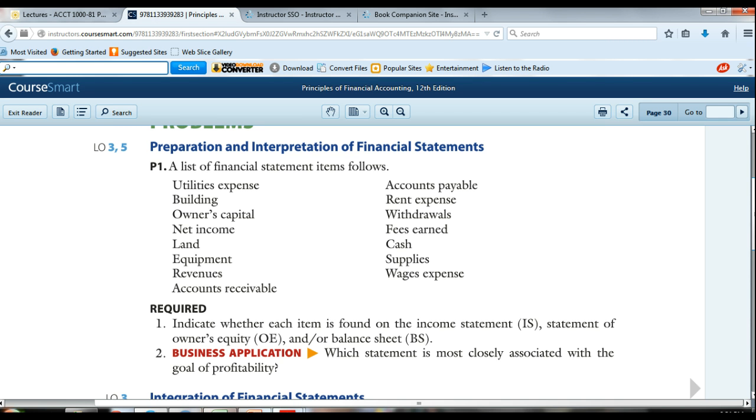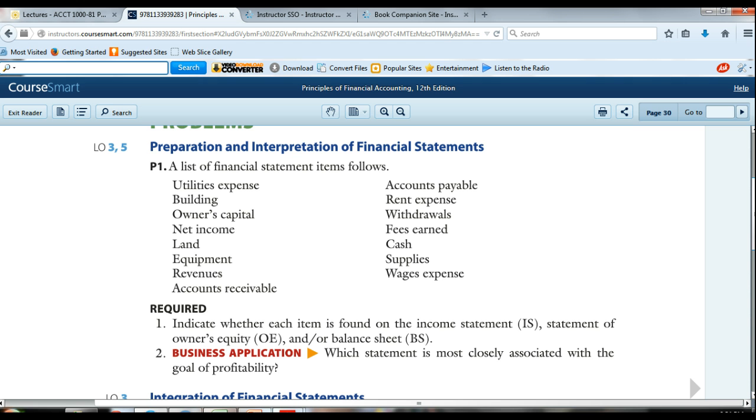What are liabilities? And guess what? A lot, not all, but a lot of liabilities have in their name payables. Okay? Accounts payable, notes payable, mortgages payable, taxes payable. I'm just trying to give you hints that help you. Okay? Make sense?